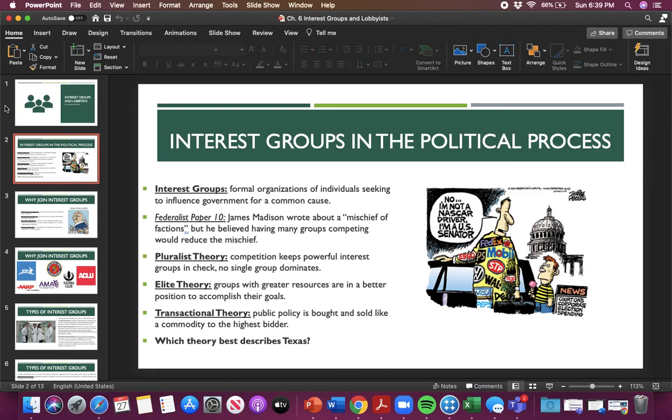But he believed in this idea called the pluralist theory, that there would be so many groups competing for the attention of government that no one group would be able to become too powerful. Essentially, they would be kept in check because there would be so many of them.